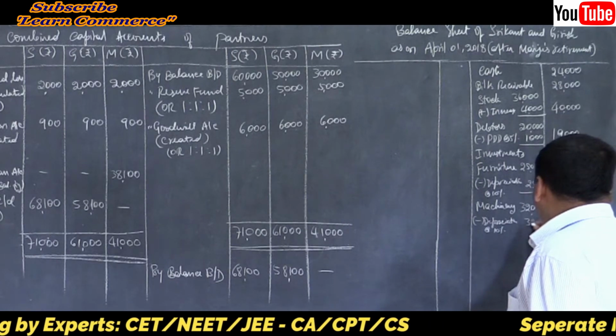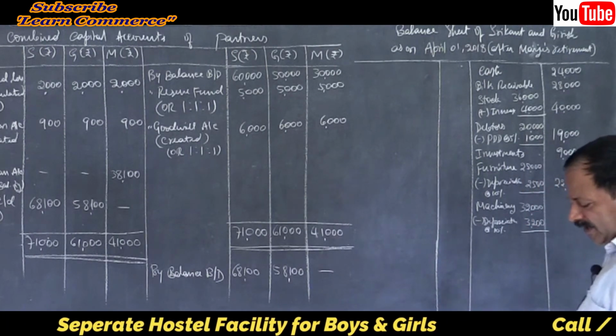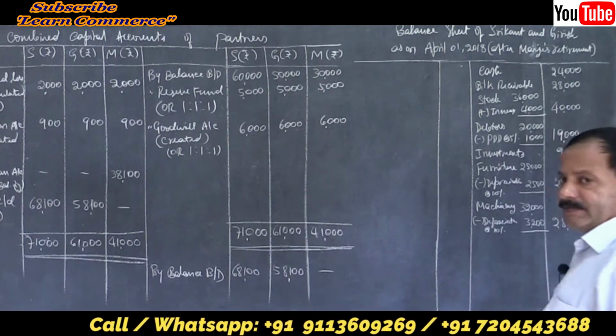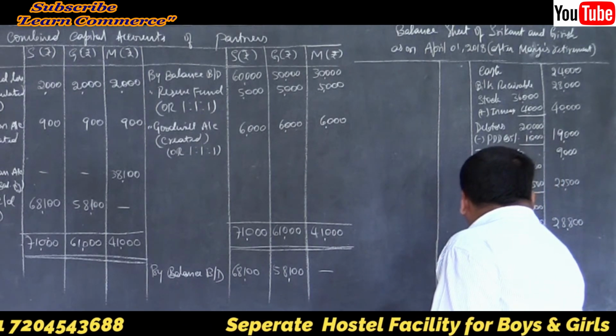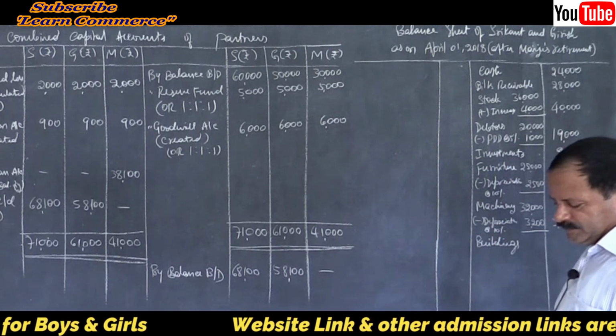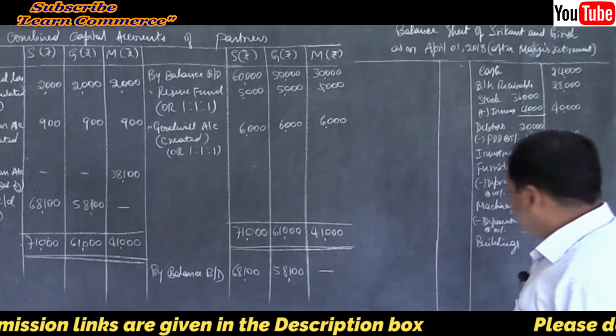So 3,200, deduct it and write the net amount 28,800. Then buildings, no change, write it as it is. Buildings 50,000, correct? Building 50,000, yes it is.